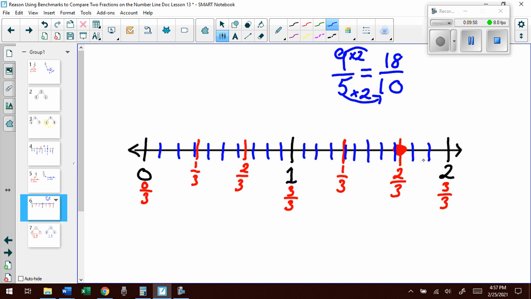What did I do wrong? Oh, I see it. Do you see my mistake? I partitioned this into 1, 2, 3, 4, 5, 6. That's why that didn't look right.